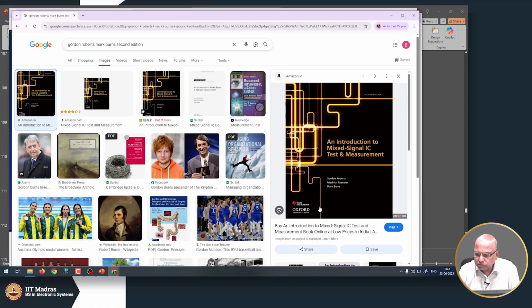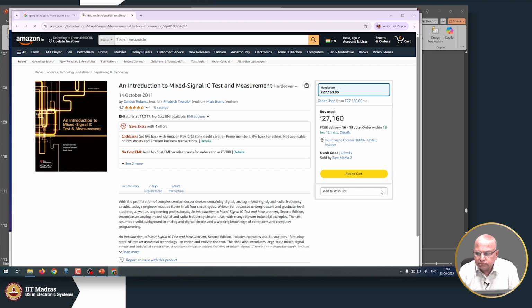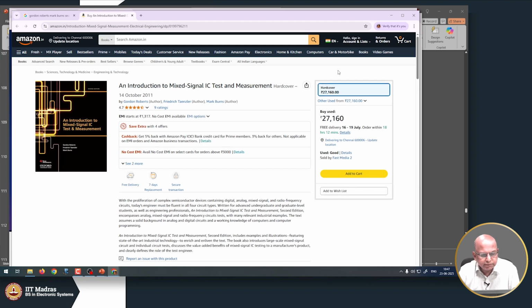This one. So, this is the second edition, and some are more expensive. This is not available in Indian edition, but a very popular book on this topic.